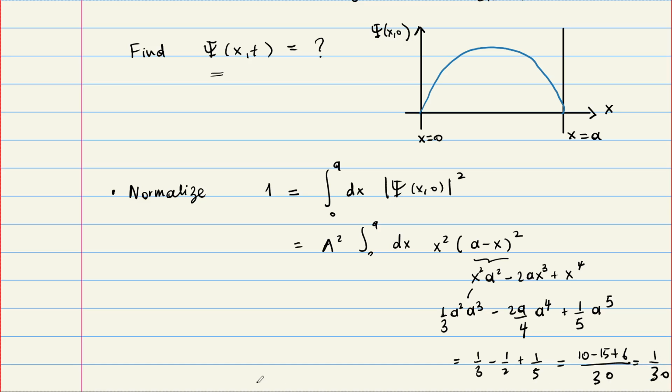Then this is 1 over 30 times a to the 5, so A is going to be the square root of 30 divided by a to the 5. Good. Let me check that. Yes. So this is the normalization.